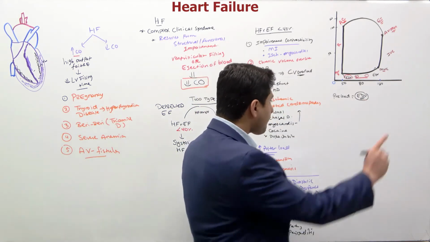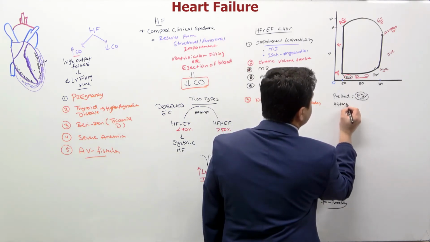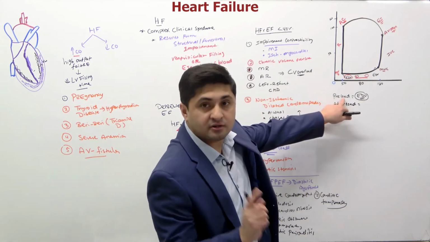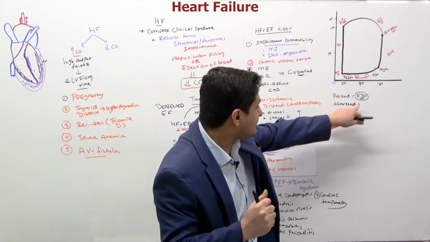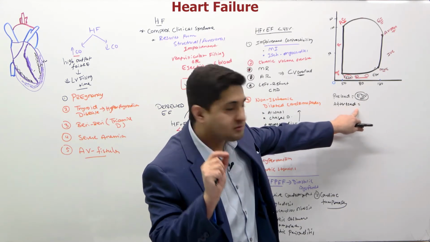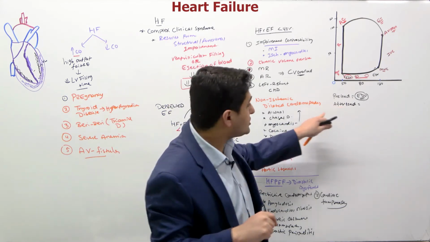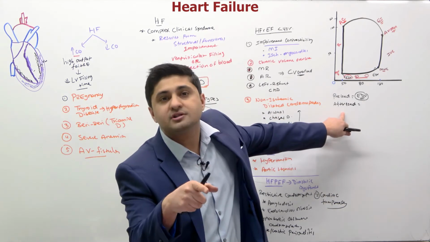Now, after that, what is the concept of afterload here? Preload is before the ventricle contraction. Afterload is that, okay, this is the blood, the end-diastolic volume, right? This is the volume in which the ventricle has to contract. So the ventricle is contracting against this blood.